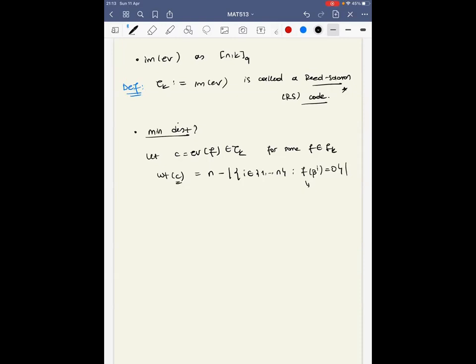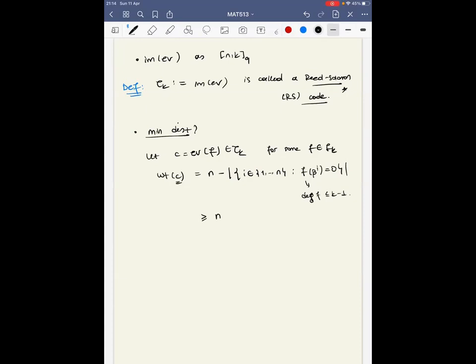So here note that the degree of f can be at most k minus 1. So since the degree of f can be at most k minus 1, it can have at most k minus 1 roots. So that means the size of this set can be at most k minus 1.